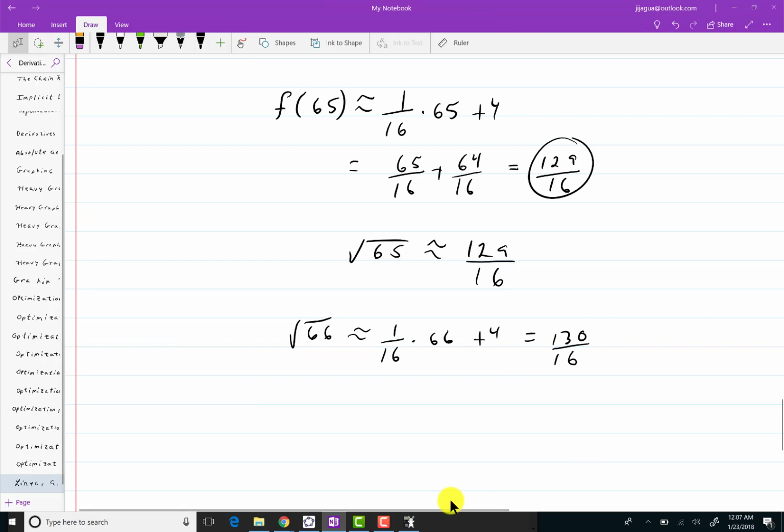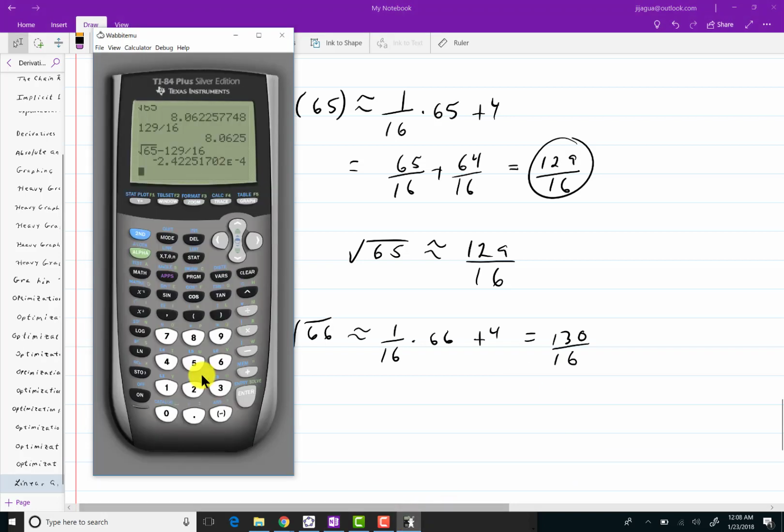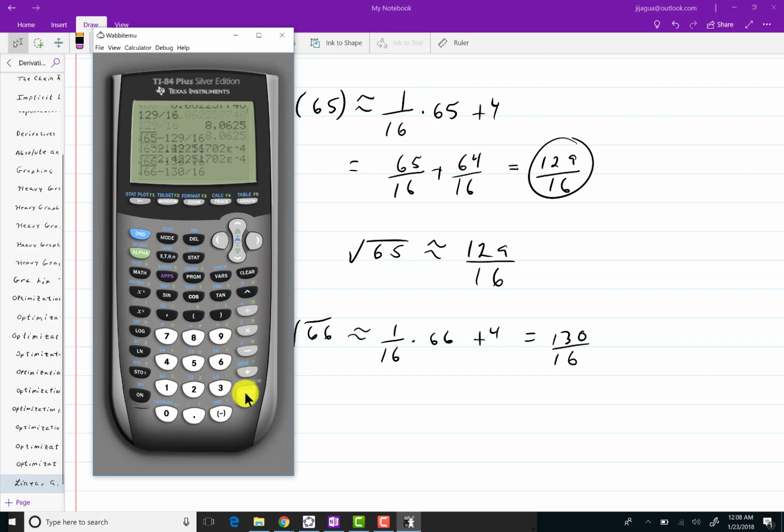If I test the accuracy of the square root of 66 minus 130 over 16, you can see the error is negative 0.00096. So it's still not that bad. And you can do these by hand.